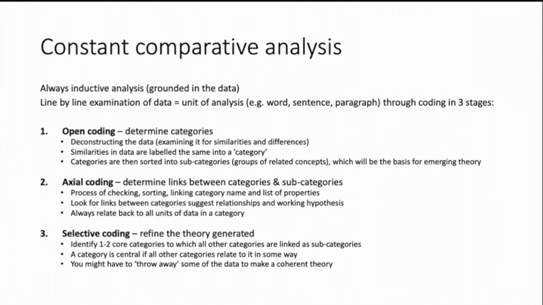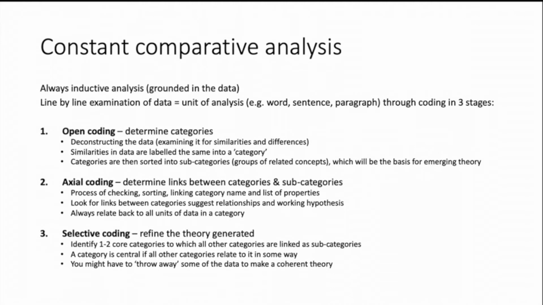The third stage is selective coding, and this is where you refine what you've done so far in order to generate a theory. So you might identify one or two core categories to which all other categories that you've created are linked as subcategories.